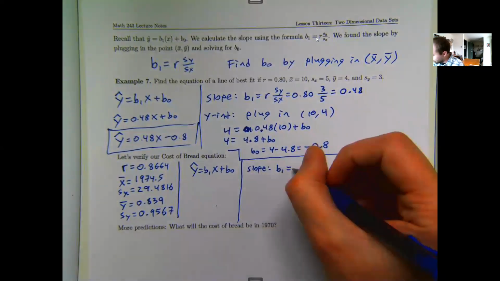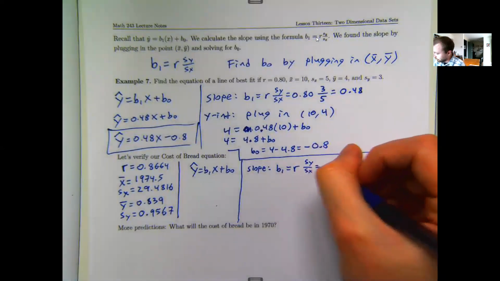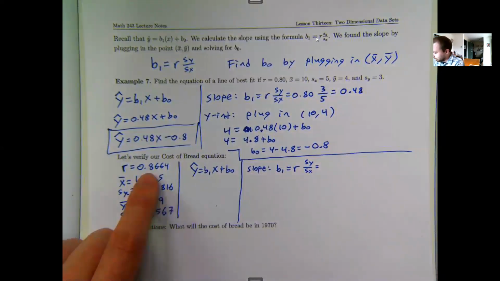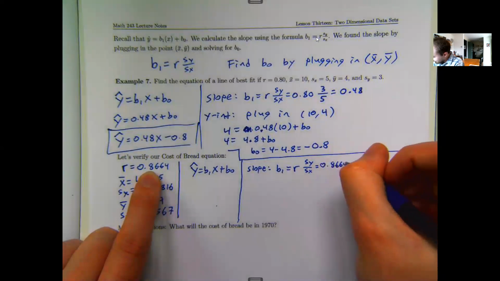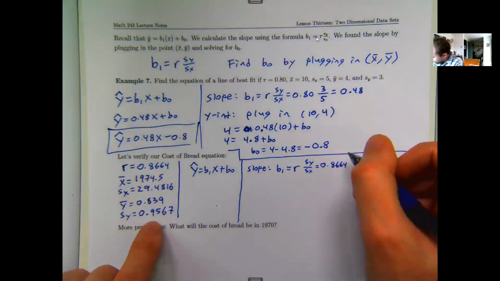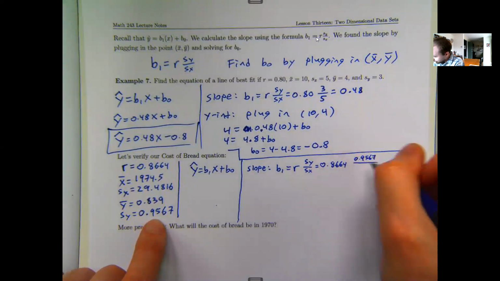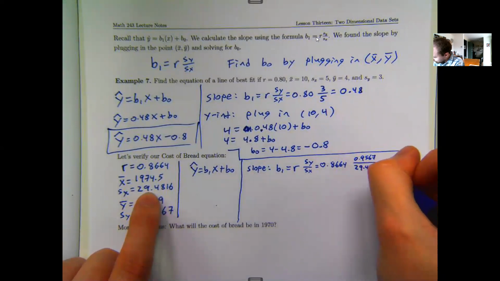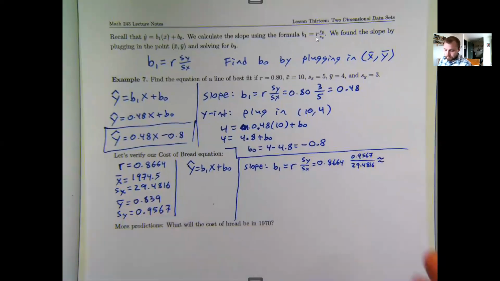I'm going to take my r, and I'm going to multiply that by the standard deviation of y divided by the standard deviation of x. So I have my r times the change in my y over the change in my x. I'm going to type that into a calculator and I will see what I get.